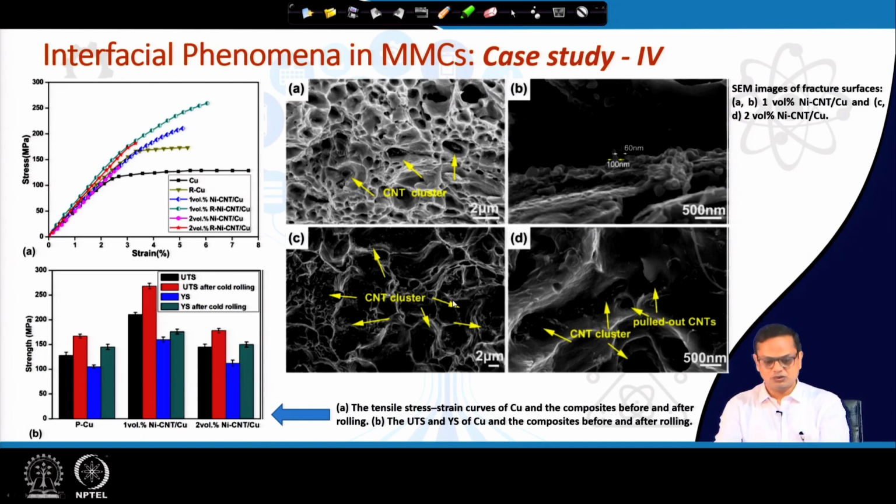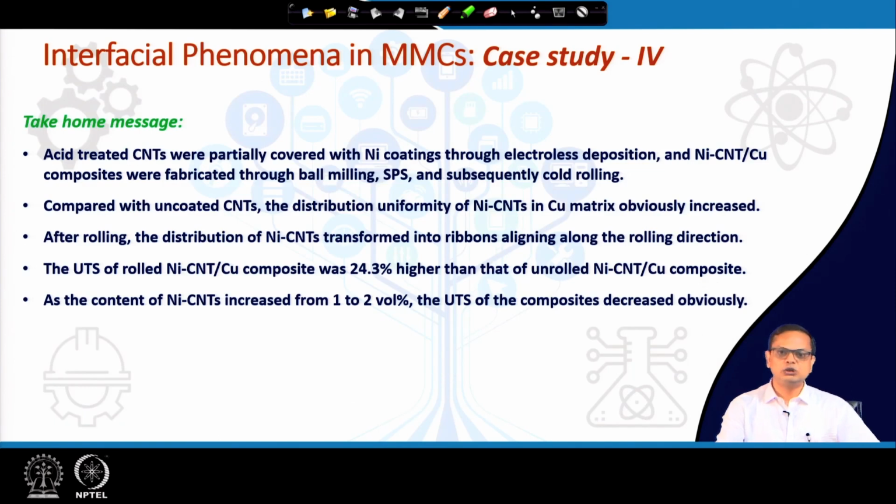All right. So, ultimately the conclusion from this work, we can see that acid treated CNTs were partially covered with nickel coating through electroless deposition, and nickel CNT copper composites were fabricated through ball milling, SPS and subsequent cold rolling.